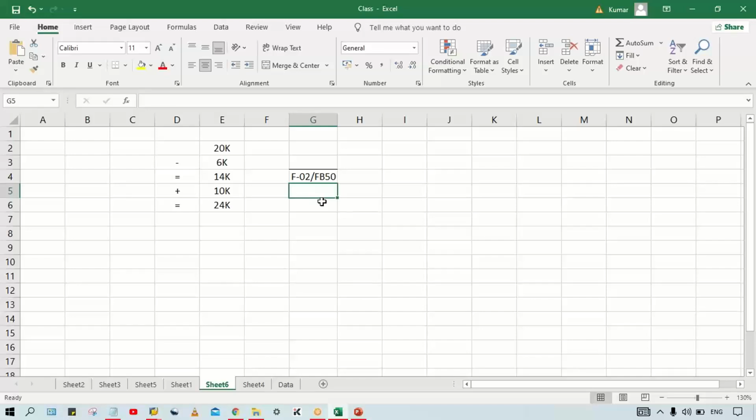Manual posting means you can select the GL account. If you want to keep a rent GL, you can give the rent GL code. If you want bank GL, audit fee GL, salary GL, any such multiple GL, you can manually select and give the GL account.